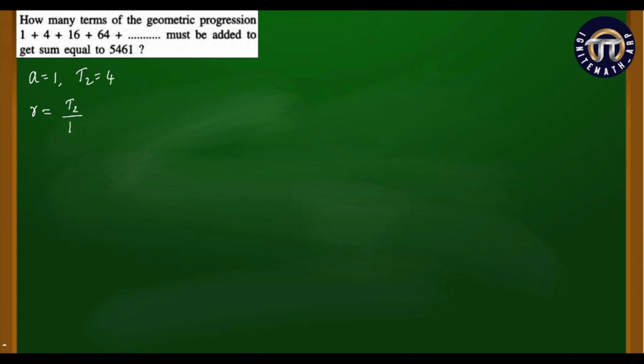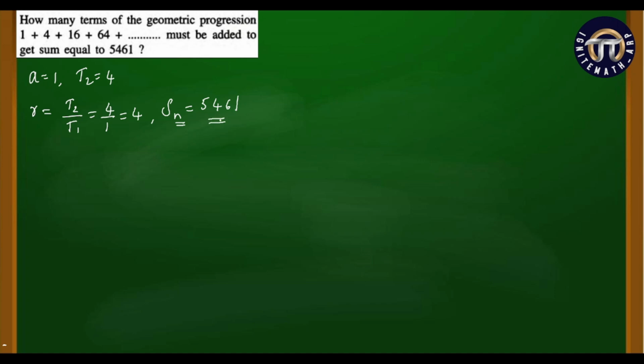That is T2 by T1, so that is 4 by 1 is equal to 4 itself. And you are given the sum of the n terms, 5461. So your job is to find out how many terms to be added from this given GP to get this sum. That is your question.